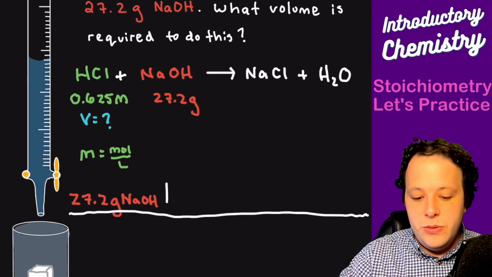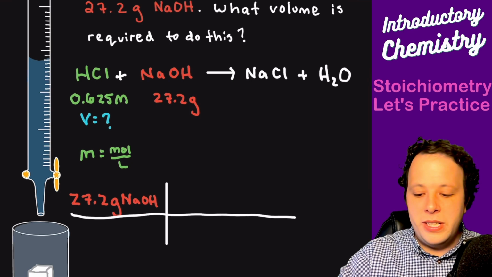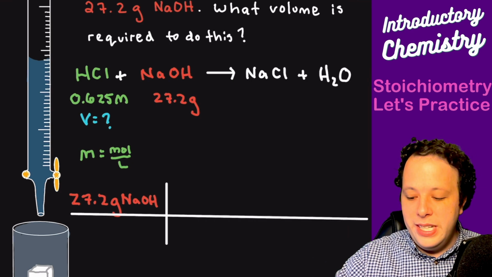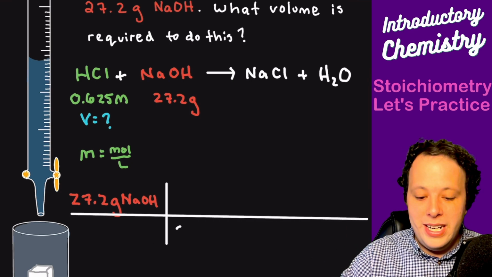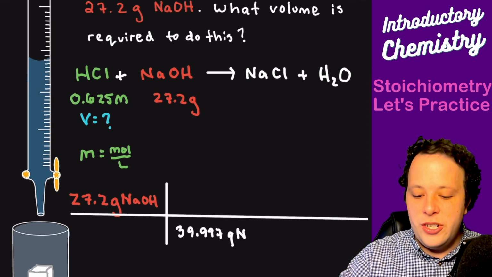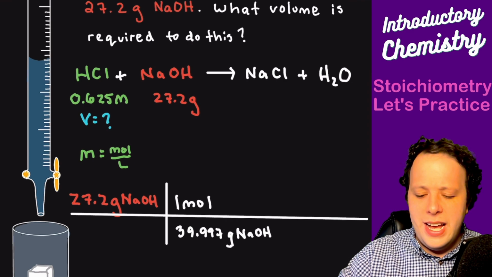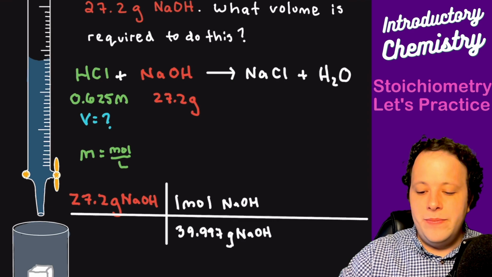So we look up the molar mass of sodium hydroxide, which is about 39.997 grams of NaOH for every 1 mole. You just take 1 sodium, add it to 1 oxygen, then add it to a hydrogen.